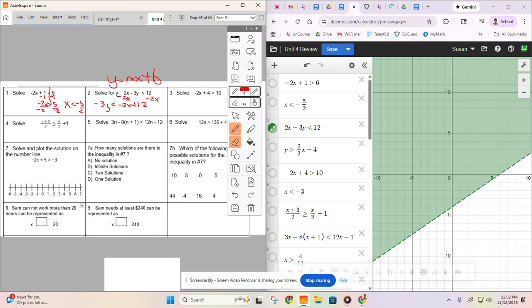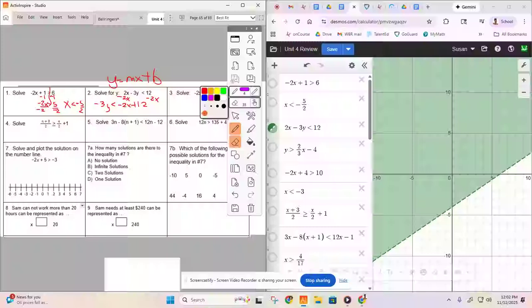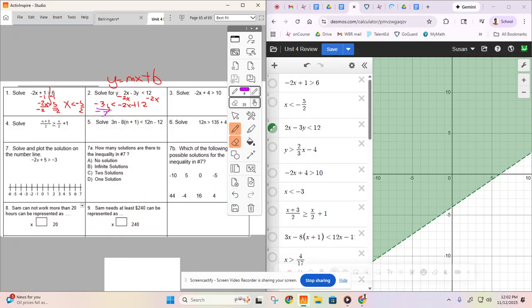My last step here is to divide each part by the -3. Keep in mind that when you divide by a negative, you must reverse that inequality symbol. We'll end up with y is greater than 2/3 x minus 4. I can check that answer in Desmos, and I see that it is the exact same graph.